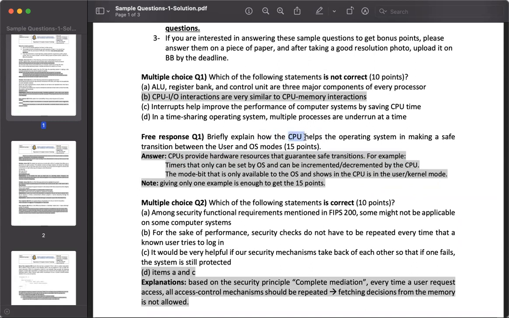If you point to any of them and add other stuff, like for example, the CPU can help run the context switching code, I don't take them wrong, and I don't reduce anything from your grade. So as long as you point to at least one of these two, the answer is okay, and you can get the full grade for this question.